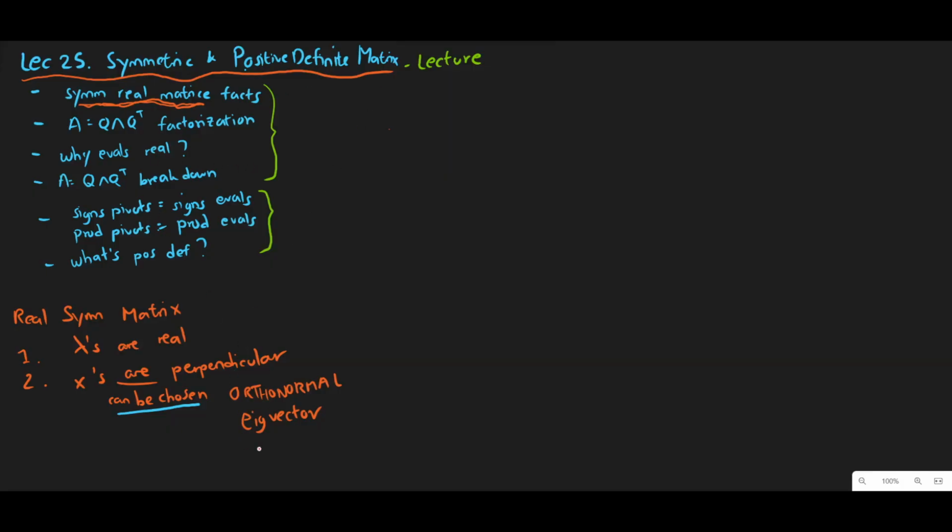And the second one quickly ties into a new factorization. We have been learning so far that if A is symmetric, then we can factor it in this form.